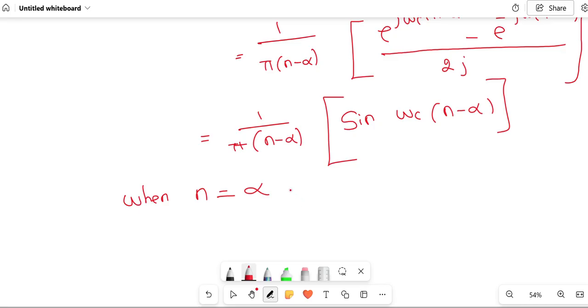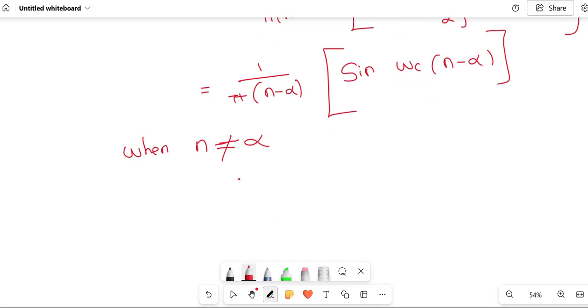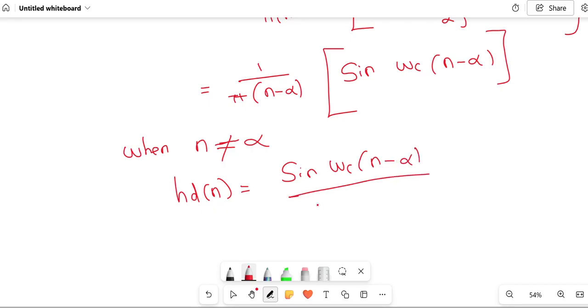If n is not equal to alpha, you can write hd of n equal to sin omega c n minus alpha by pi into n minus alpha.